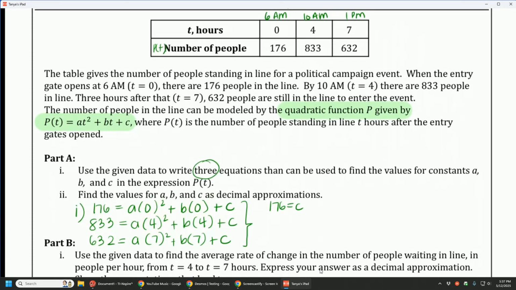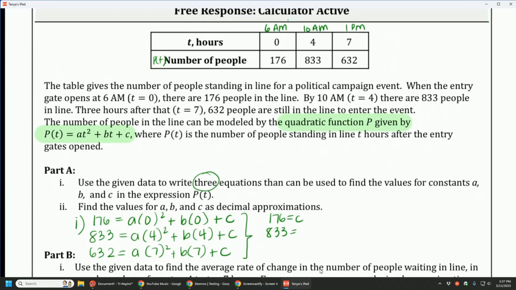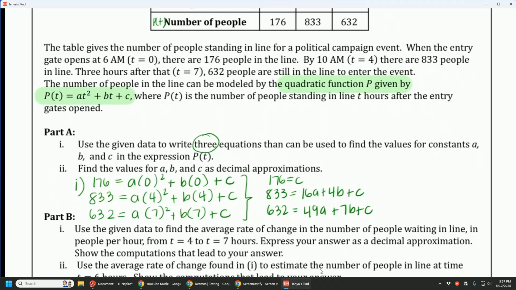So I'm going to simplify this to 833 equals 16a plus 4b plus c. And then on the third one, I know that 7 squared is 49. Okay, so those are my 3 equations.